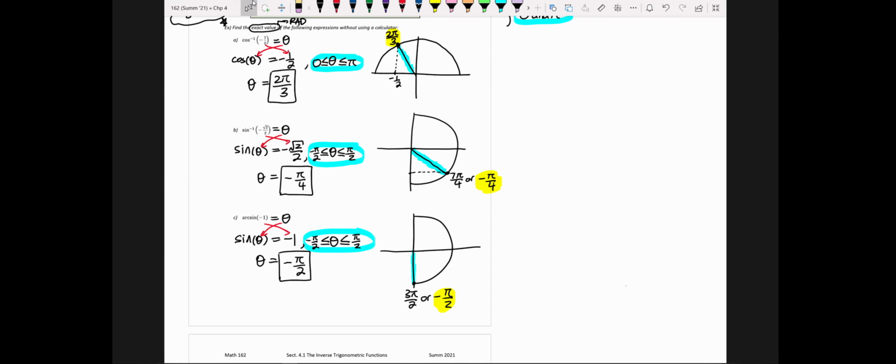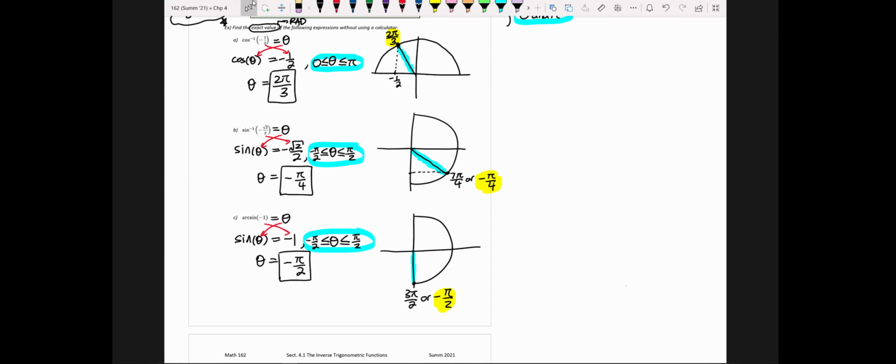Okay, so right here at short long, the tangent is root 3 because the y over x is going to be root 3. And this is at pi over 3. Pi over 3 does live in the restriction, so we're good. So theta is pi over 3, which does live in the restriction.